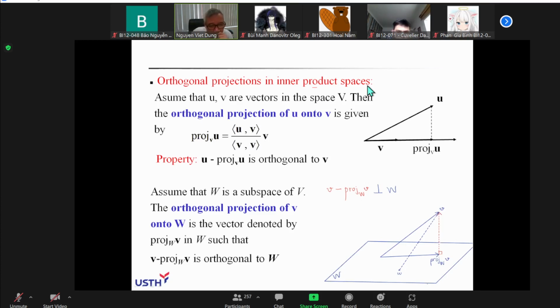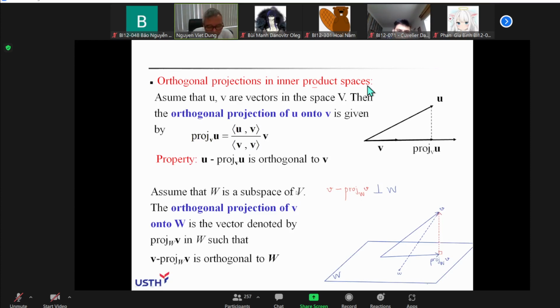Now I am going to define what we call the orthogonal projection of a vector V on a subspace. Suppose that W is a subspace of V, and V is any vector inside the space.